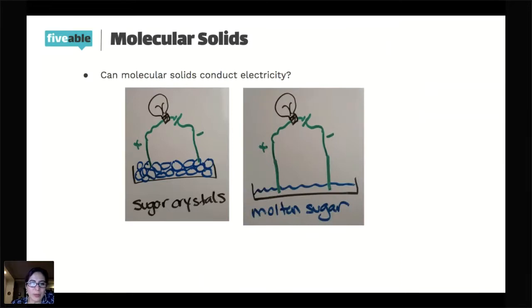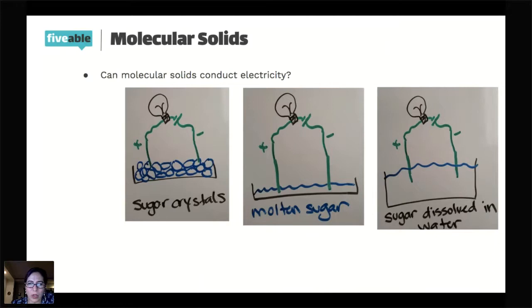So, and what about molten sugar? Do you think molten sugar would be able to conduct electricity? Exactly, no. What about dissolving in water? Okay, dissolving in water, it won't be able to conduct electricity because the molecule will stay together.